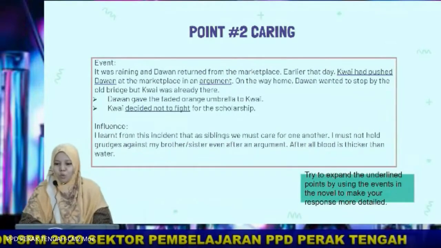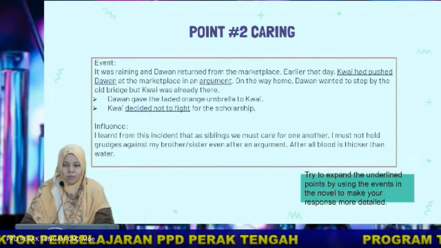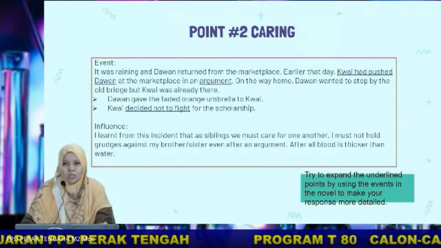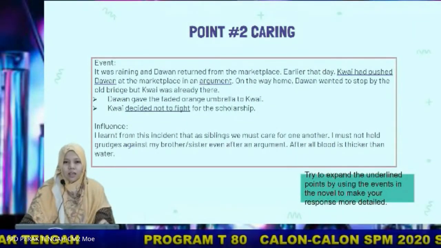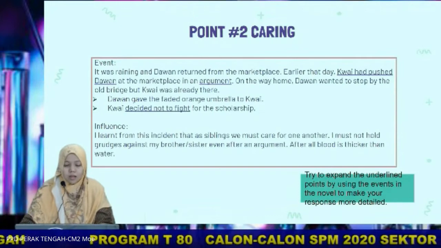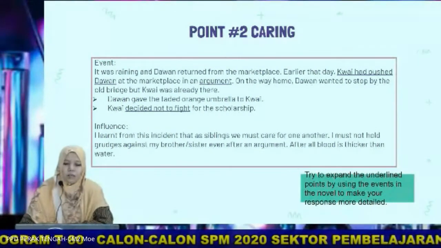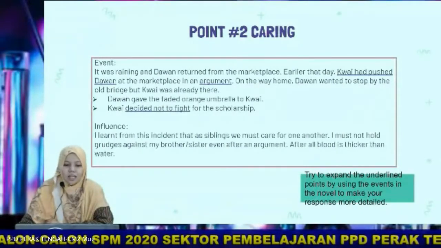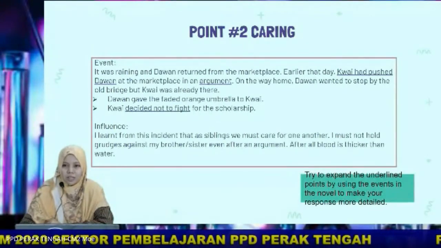Point number 2, caring. So we know that besides being brave, Dawan is also a caring person. Okay, caring towards her brother, Kwai. The event that shows Dawan is a caring person is this: it was raining and Dawan returned from the marketplace.